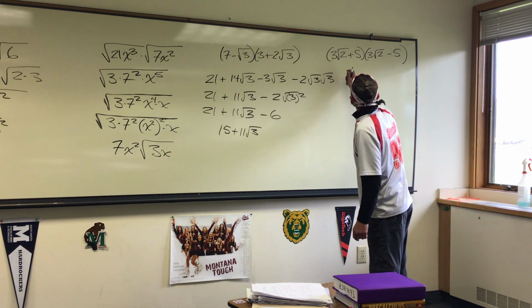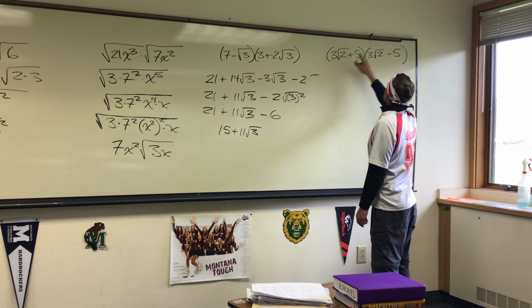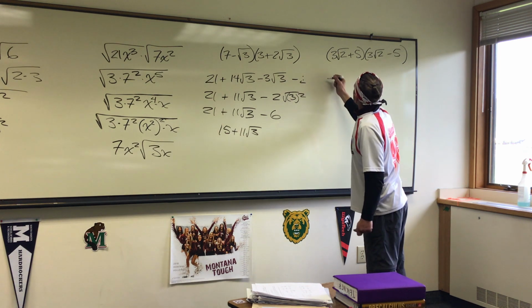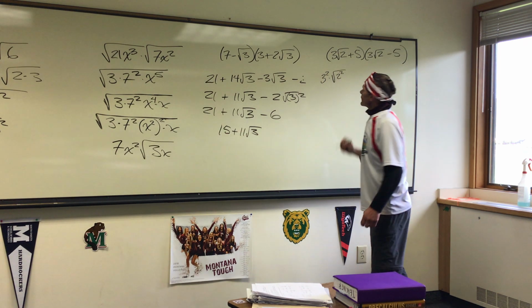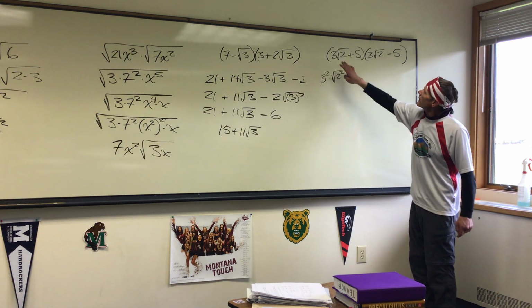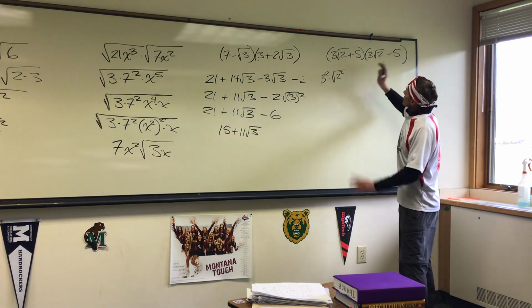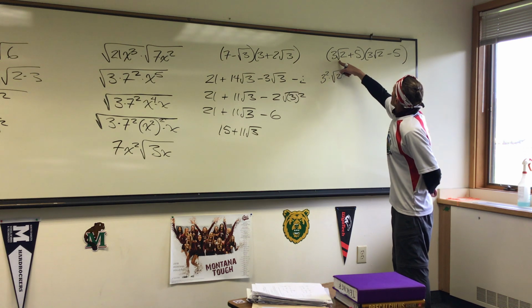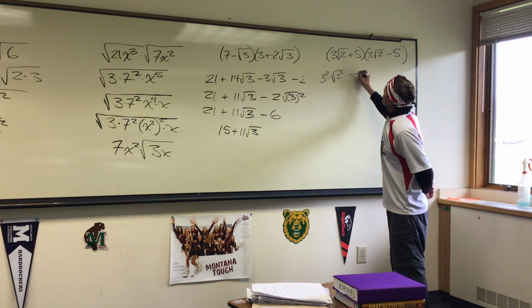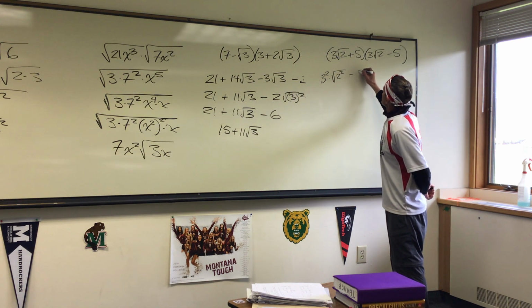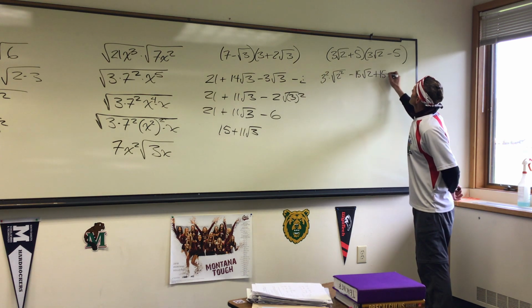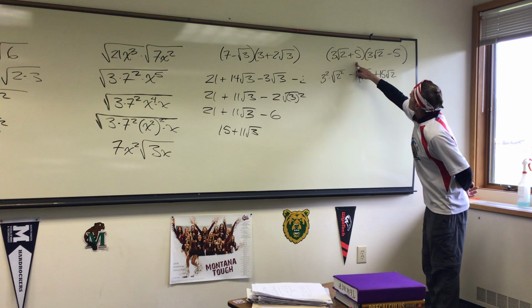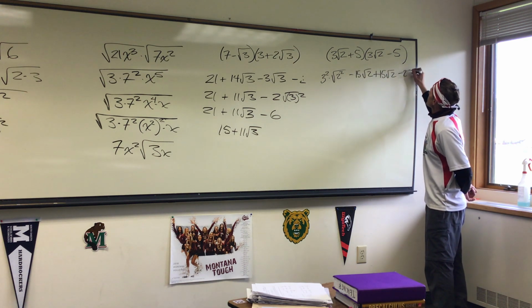So let's try that, shall we? 3 square roots of 2 times 3 square roots of 2. That's 3 squared times the square root of 2 squared. I'm skipping steps now. I hope you're okay with that. You could figure it out. Outer, minus 5 times the 3 square roots of 2 is minus 15 square roots of 2 plus 15 square roots of 2, and plus 5 times a minus 5 is minus 25.